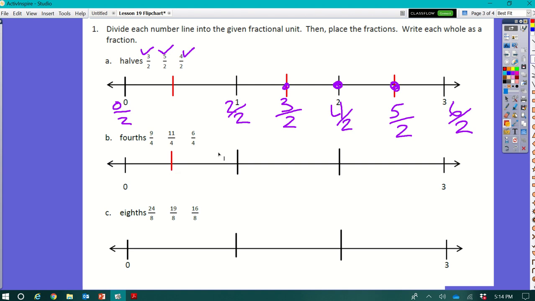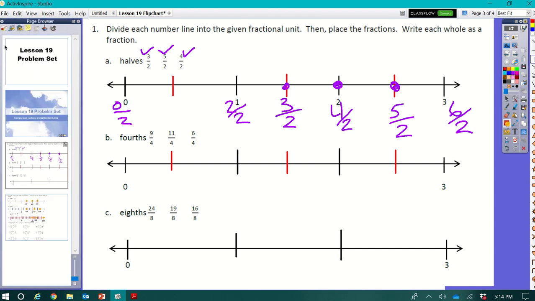What do you notice? That line right in the middle is the half, and it lines up right with the half mark on line A. Okay, then I'm going to divide this whole in half and this whole in half. And look, I'm lining it right up with my red line up above.